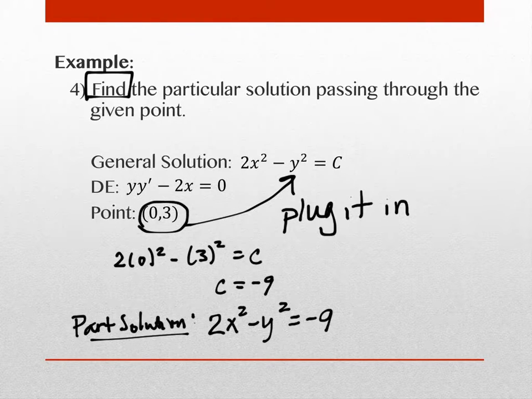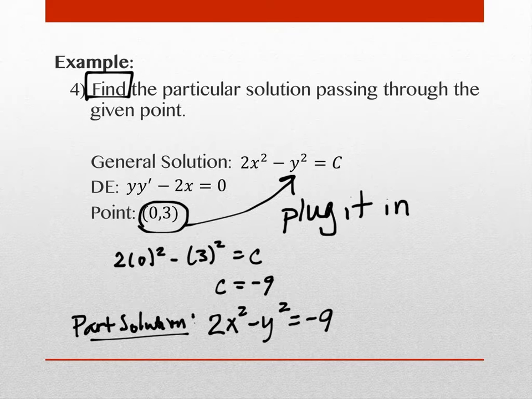That's it. Finding the particular solution is this, because they tell you the general solution is this piece. You're not verifying it, you don't have to confirm it, nothing like that. They've told you. This is the general solution. And it includes the point 0, 3 if the C value is the right value. So you're just finding the correct C value. Easy enough? Yeah. No problem on that one.